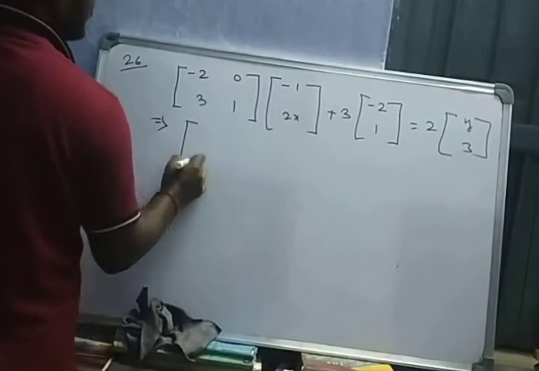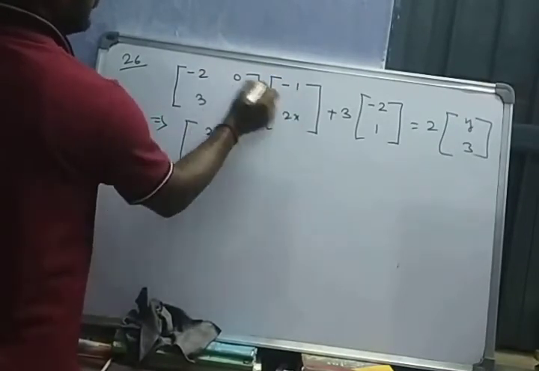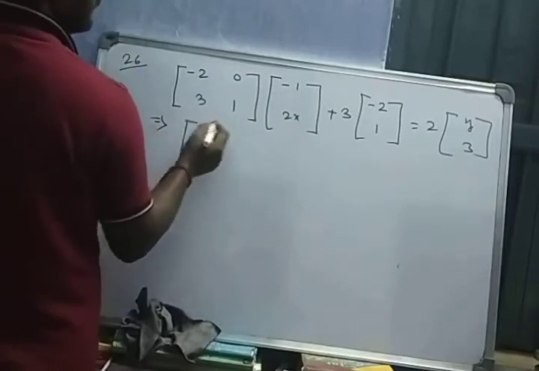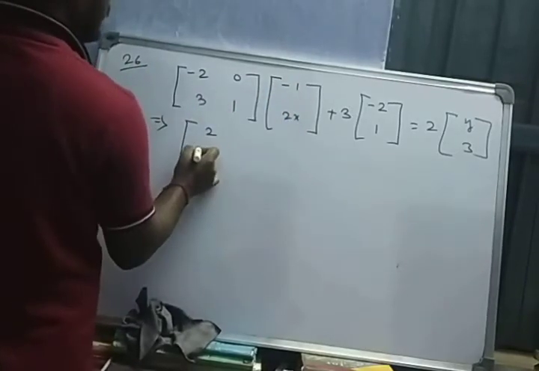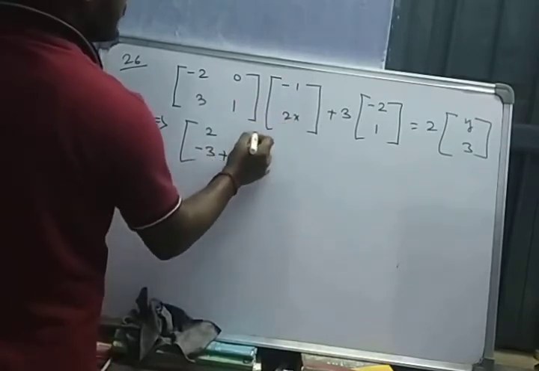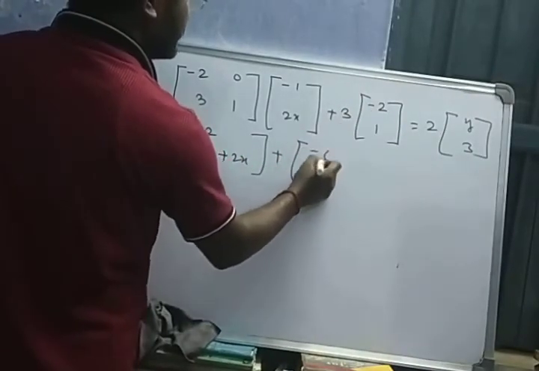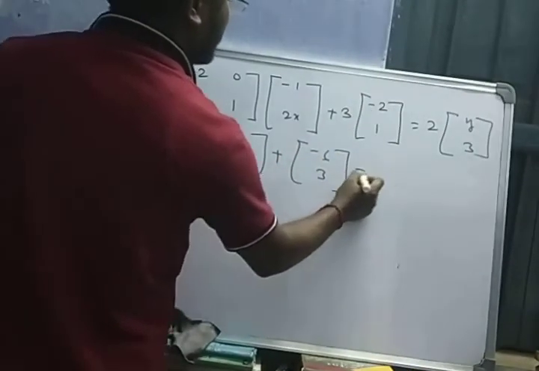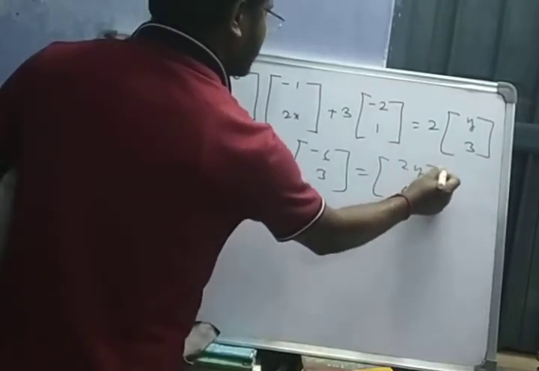Every year a question of this type comes. Minus 2 into minus 1, that is 2, 0 into 2, 0 into 2x, 2x, no problem. Now 3 into minus 1, minus 3, 1 into 2x, 2x. Now multiply this 3 with this matrix, minus 6, 3, and multiply this 2, 2y, 6.